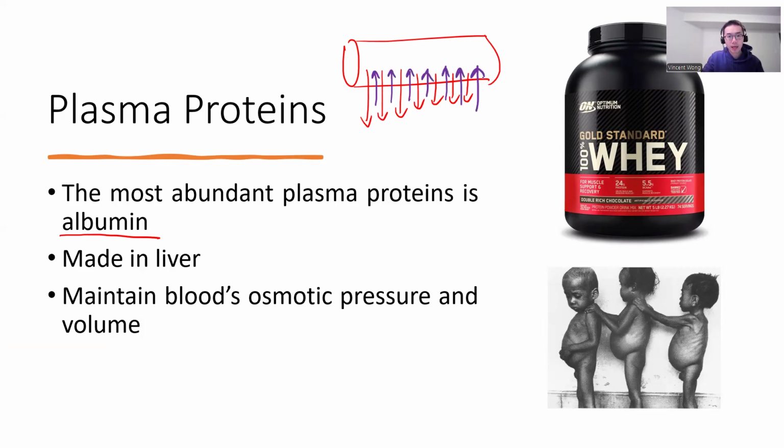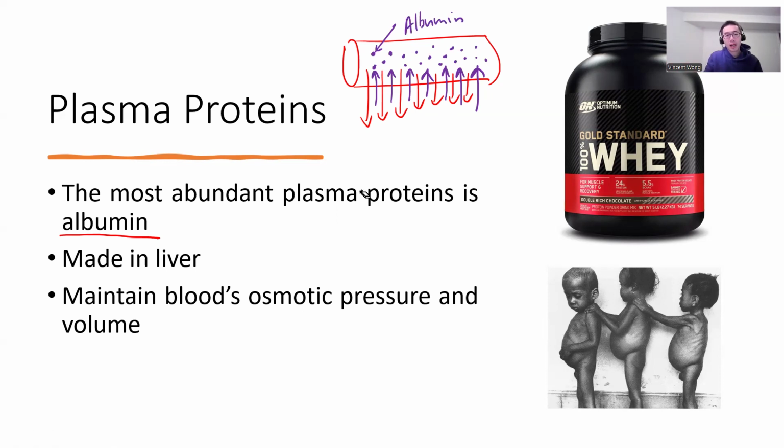And we talked about how the osmotic pressure is caused by a difference in solute concentration in the blood versus the outside. So the main contributing solute in the blood, one of them anyways, would be the albumin, along with the formed elements.